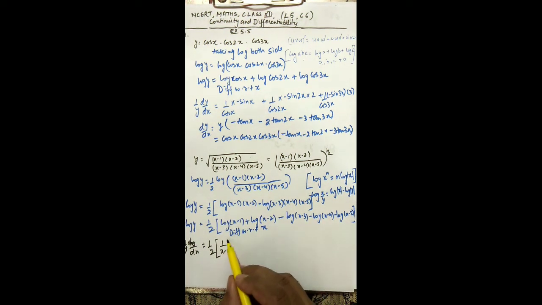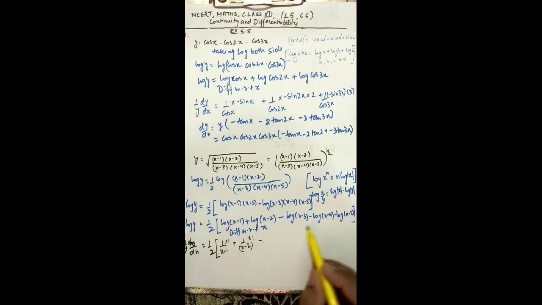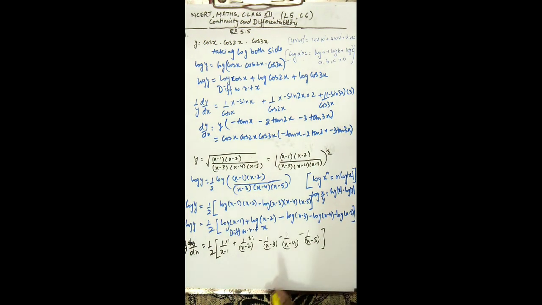If you differentiate x minus 1, this will be 1, so I am not writing 1, otherwise 1 will come. Here it is 1 upon x minus 2, differentiation of this is again 1, and for this 1 upon x minus 3, for this 1 upon x minus 4, and for this 1 upon x minus 5. So now we are not going to take the LCM, otherwise this will be very difficult.